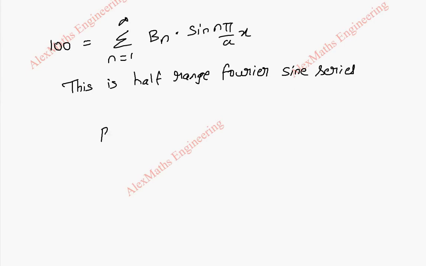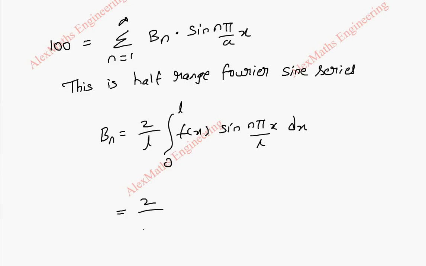The value of bn is, according to the formula, 2 by L integral 0 to L f of x into sin(nπx/L) dx, and the length L is a here. So we take 2 by a, integral 0 to a, f of x is 100, then sin(nπx/a) dx.